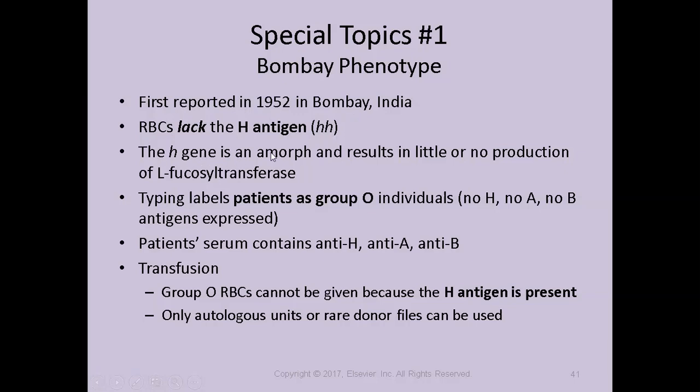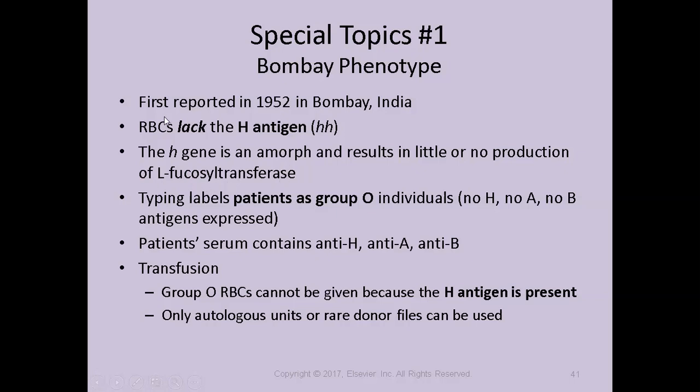This little h gene is an amorph. It does not code for a detectable gene product, so it does not produce the L-fucosyl-transferase enzyme that is necessary to transfer L-fucose to the type 2 oligosaccharide chain to make the big H antigen.